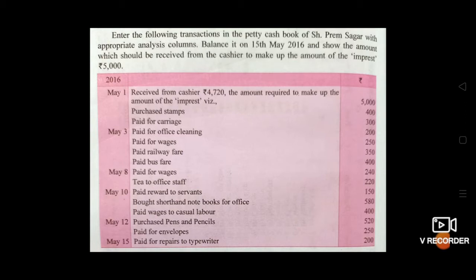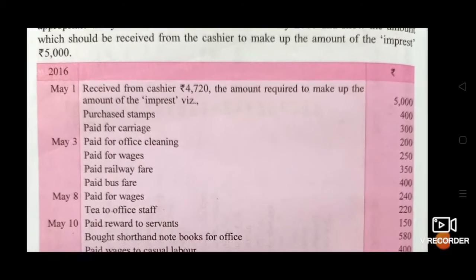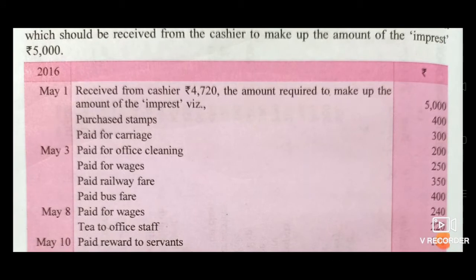Then on the same day, that is 1st May, purchase stamps rupees 400 and paid for carriage rupees 300. On 3rd May, paid for office cleaning rupees 200, paid for wages rupees 250, paid railway fare rupees 350, and paid bus fare rupees 400.